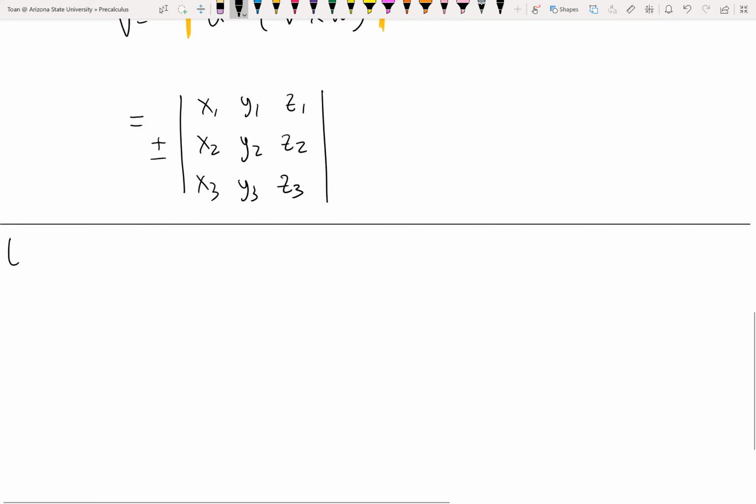So what are some things that you'll be asked to do? Find the volume of a parallelepiped given these three vectors. Let me use the exact wording that's going to be on your assignment, just so you're familiar with it. The exact instructions you'll see on the homework will say something like this.